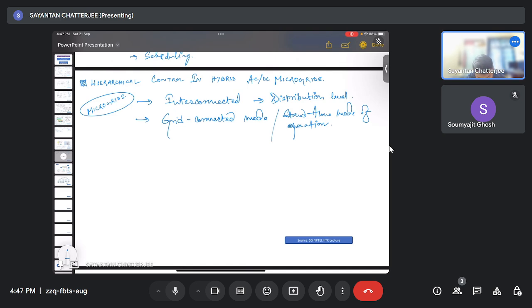Also, this operation can be obtained for a limited time frame, standalone mode of operation.